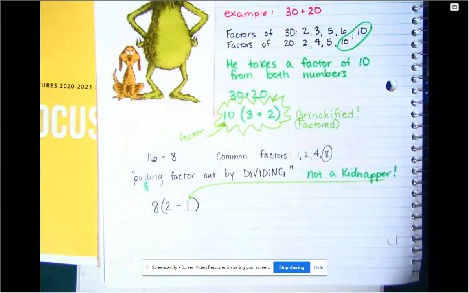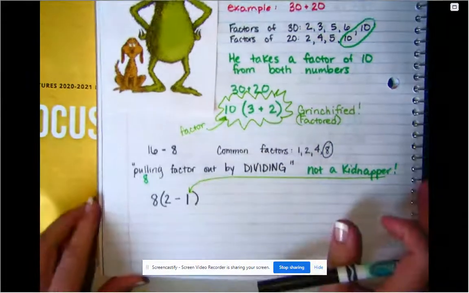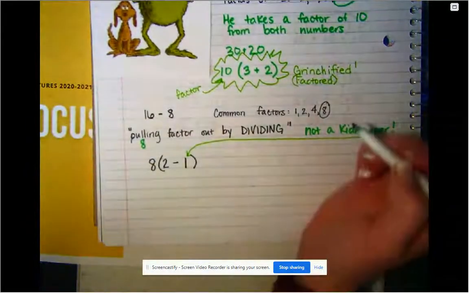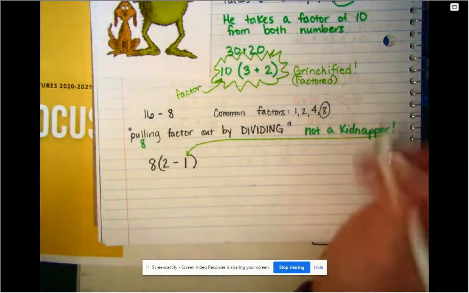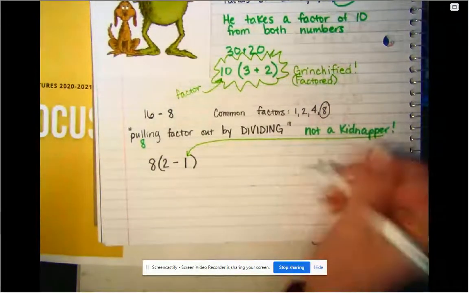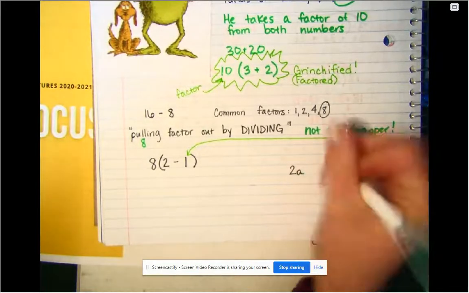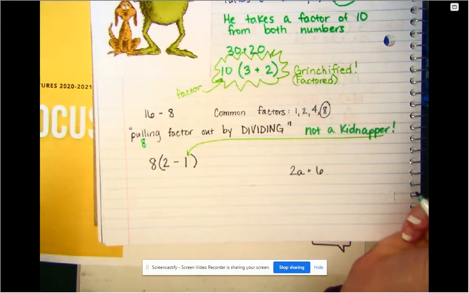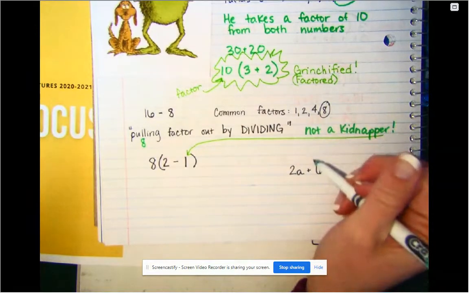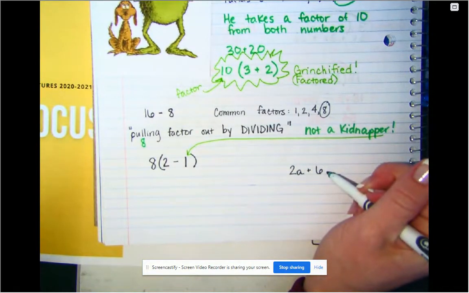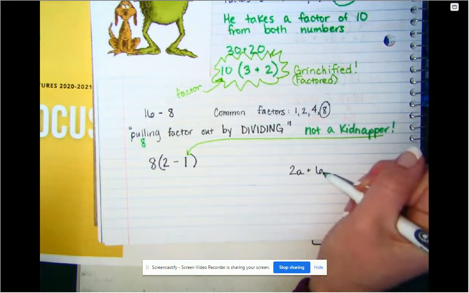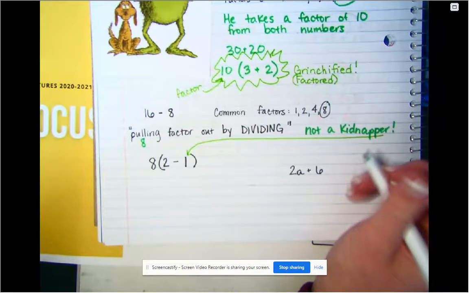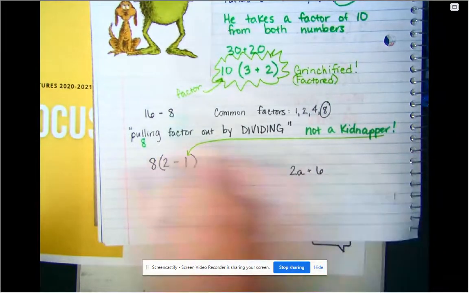Okay, just for a real quick preview, we don't usually do this when we have all the numbers because we could just solve it. We usually do something like this when we're dealing with algebra. So in the expression 2a plus 6, we can take the factors of 2a and the factors of 6, and they both are created by multiplying by 2. I can divide 2 out of both of them.